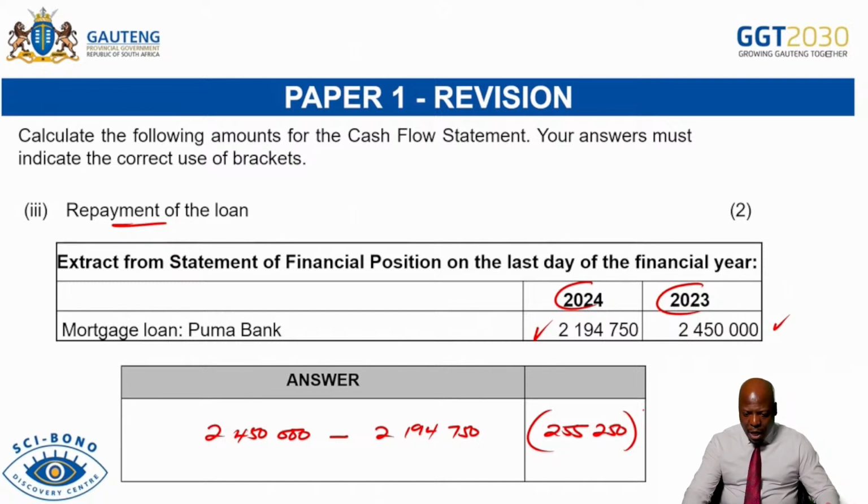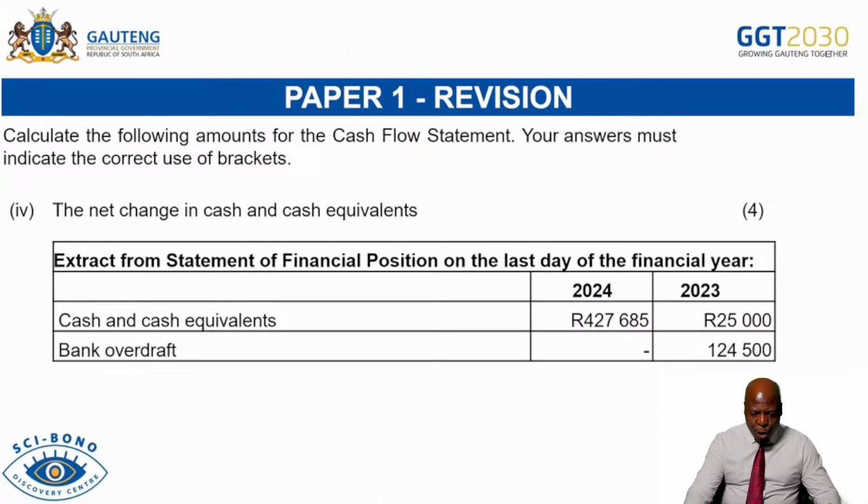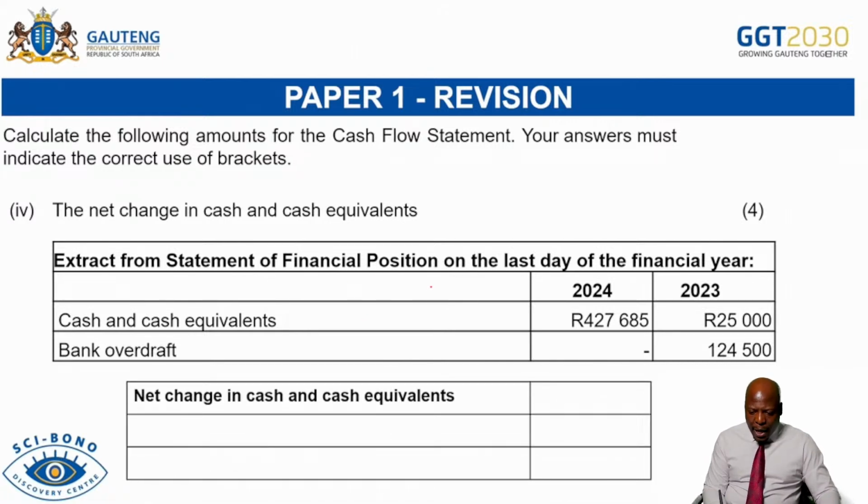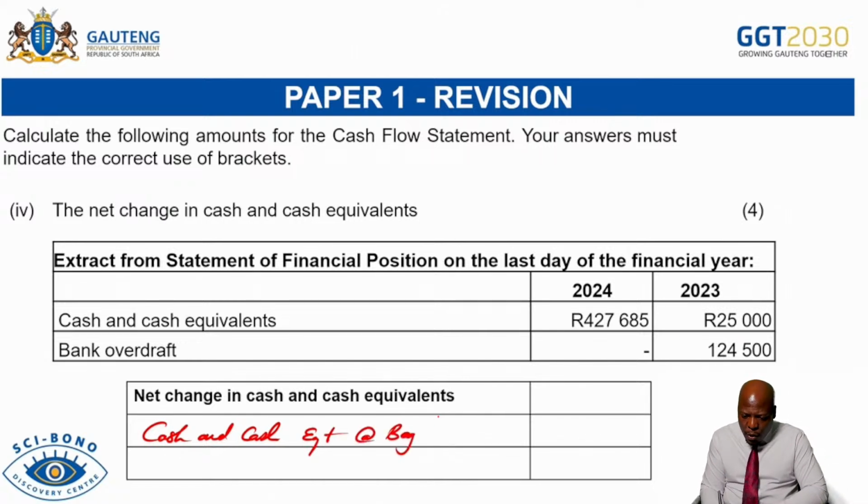And then I'm going to touch on the net change in cash and cash equivalents. When we calculate it, I would advise you first begin with your cash and cash equivalents at the beginning, that is in 2023. You can see in 2023 I had 25,000, and then I had an overdraft.